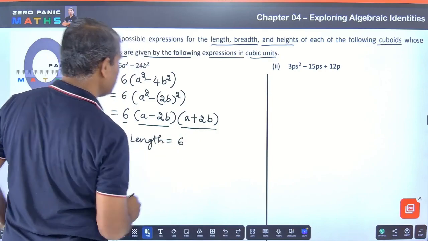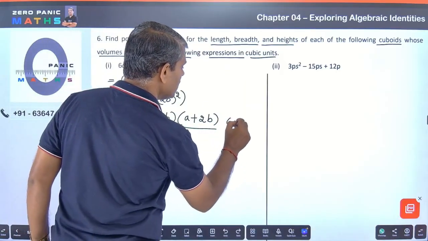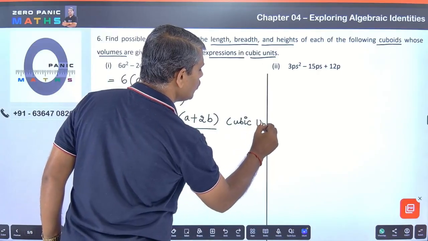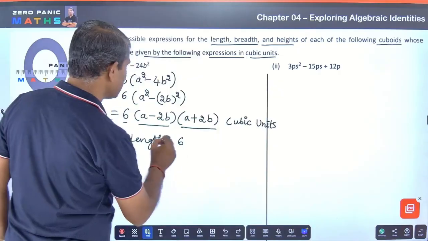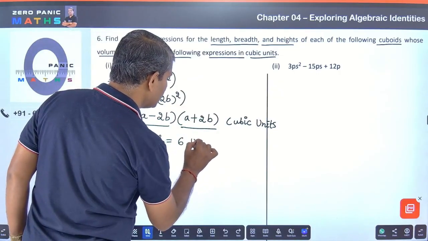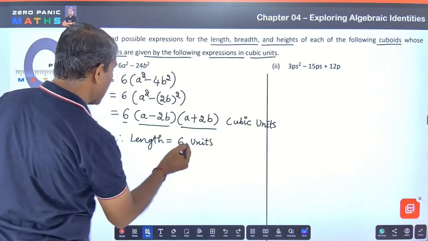So you can say therefore length is equal to 6 units, and this is in cubic units. Okay, so the overall volume is in cubic units, whereas each of these parameters, length, breadth and height, are in units.